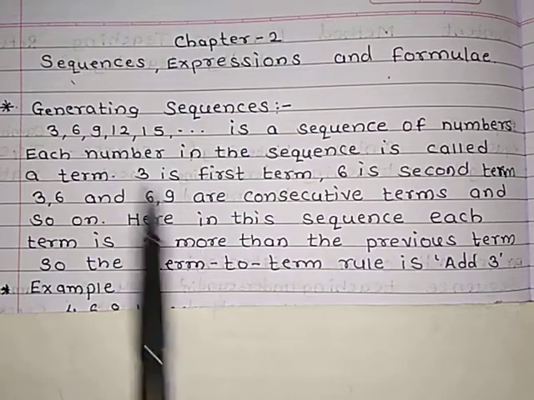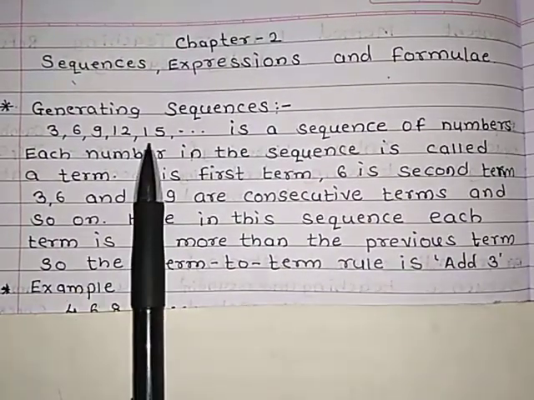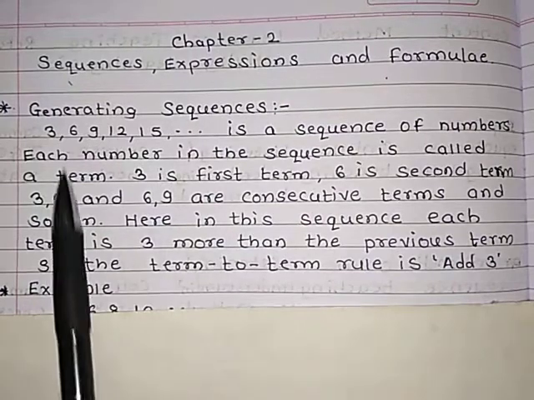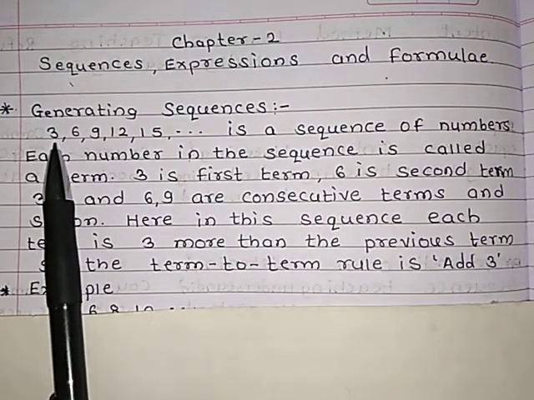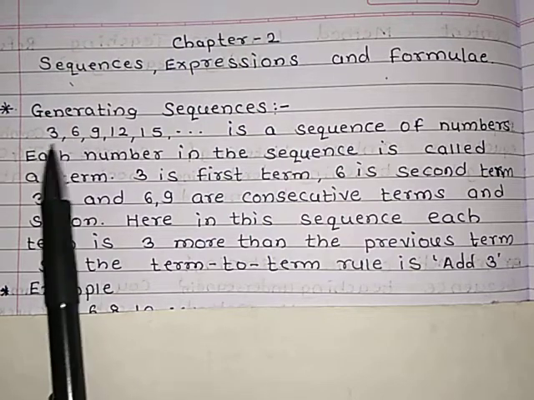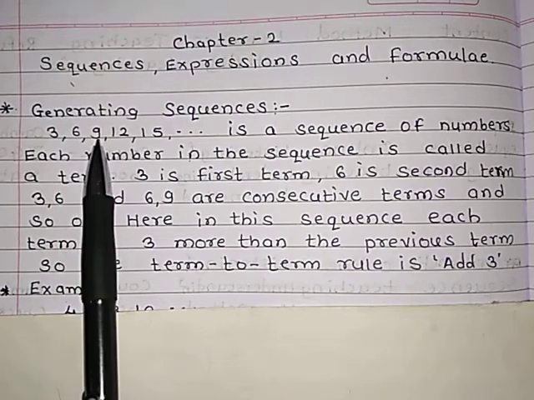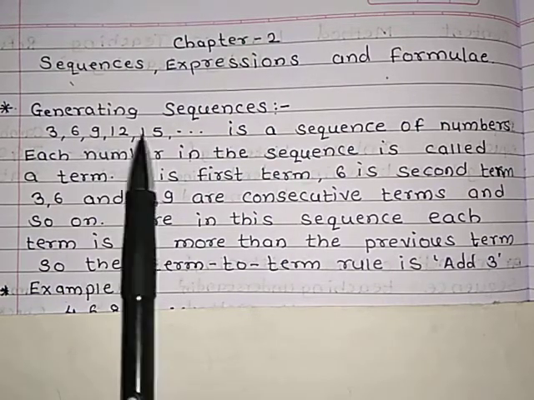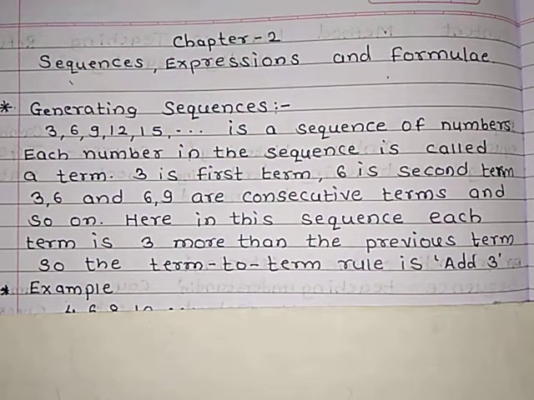Here the term to term rule is add 3: when we add 3 to the first term, we get the second term. When we add 3 to the second term, we get the third term. Like that, we calculate the fourth term, fifth term and so on.